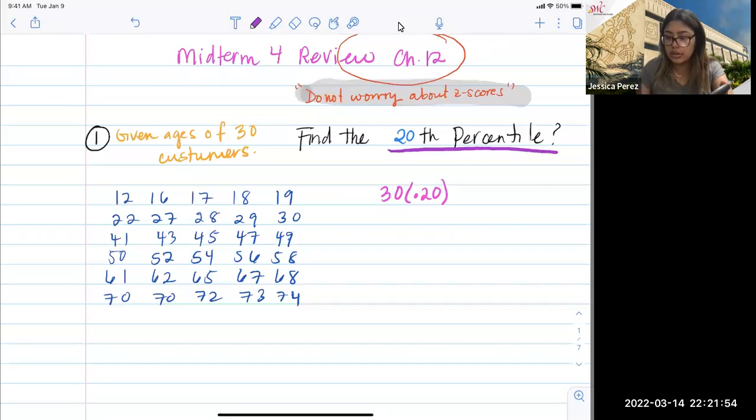So you change your 20th percentile, your 20%, into a decimal, which is 0.20. When we do 30 times 0.20, you get 6.